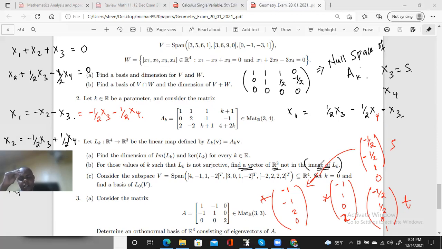Can you ask your question again? How do you know when it is surjective? It is surjective if the rank of your matrix is equal to the number of rows of that matrix.